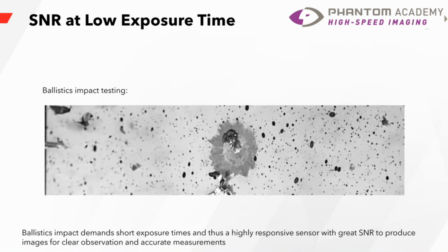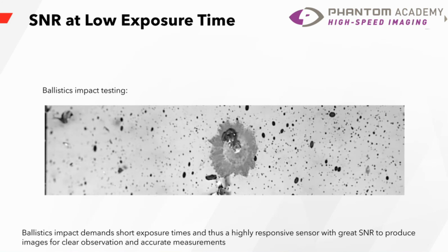And as you can see, it still maintains an excellent SNR performance to see things like the speed at which the bullet comes in, the speed at which the bullet disintegrates, and also you can get good information on the size and the size distribution of those frags coming off of that impact. This will give you excellent accuracy for any sort of measurement you're looking to do in your test.